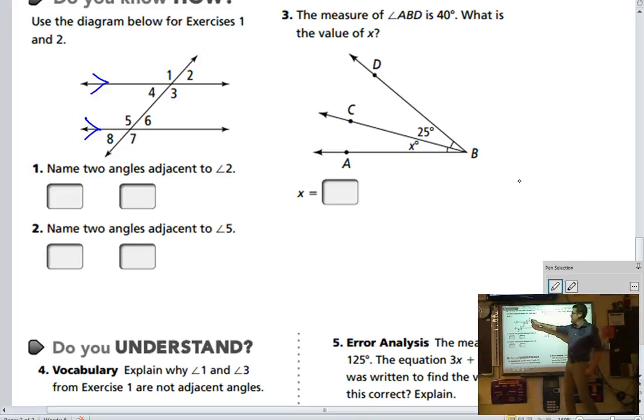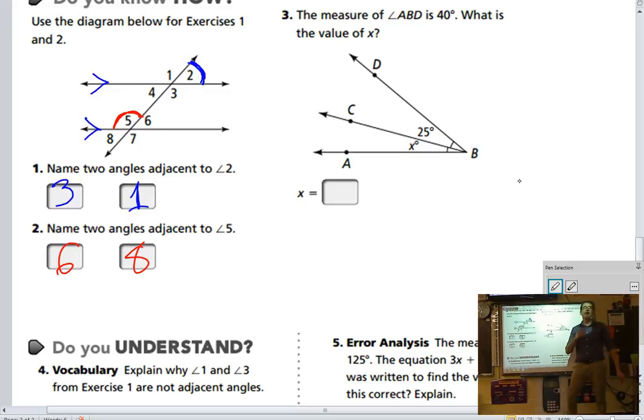Angle 2, if this is my angle that I start with, angles adjacent have to share a side and share a vertex. Angle 3 shares a side and shares the vertex. And so does angle 1. If we look at angle 5 as my start angle, what's adjacent to angle 5? Angle 6 and 8.